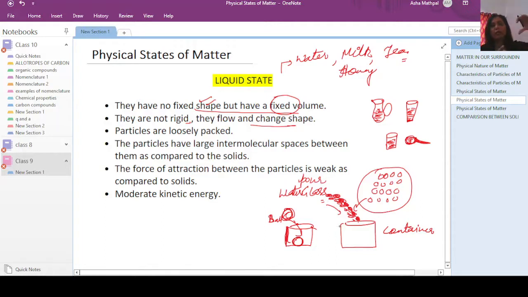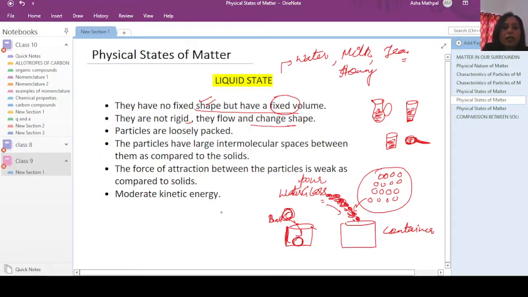When you are pouring, you are seeing that some of it has already entered the container, some of it is still on its way, basically. So they are fluid in nature, that is called as they flow. There is a fluidity in their nature. They are not rigid because they don't have a definite shape. Why they are not having a definite shape?